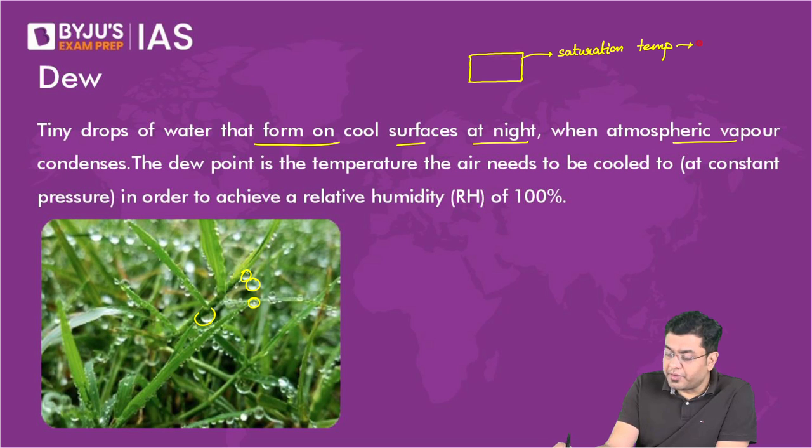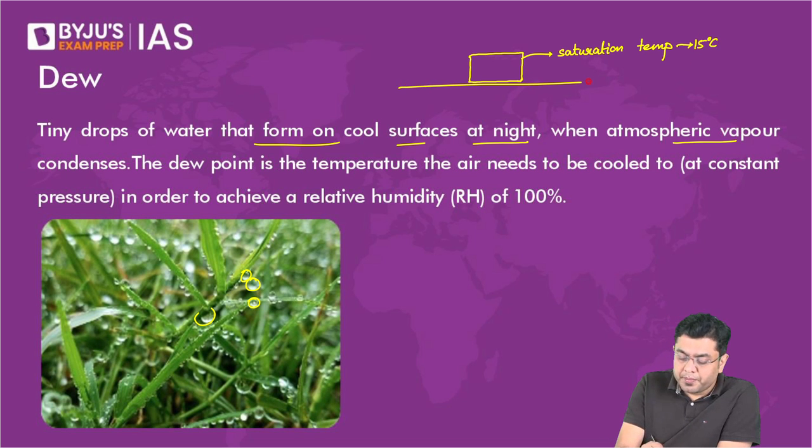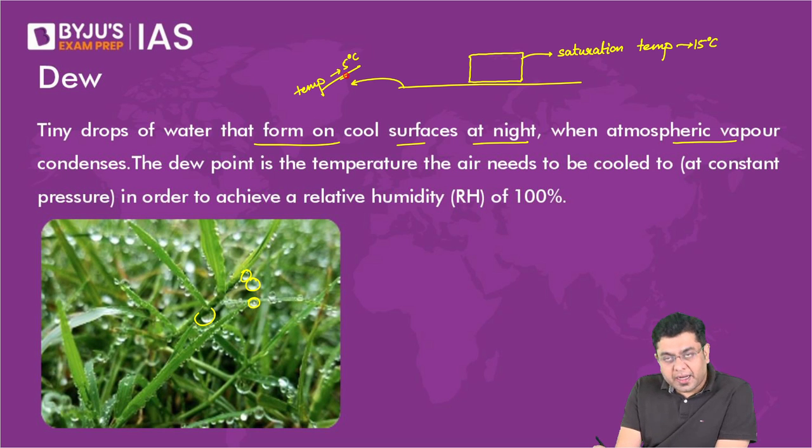Now, if the ground surface cools down to 5 degrees Celsius, then as this air parcel gets in contact with the surface, its temperature will also drop to 5 degrees Celsius. It has been cooled down to the saturation temperature, so that is when it will undergo condensation.